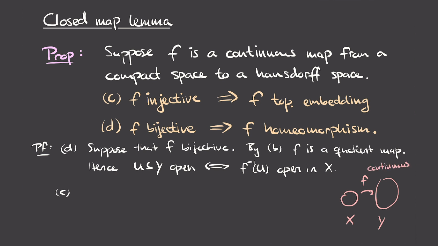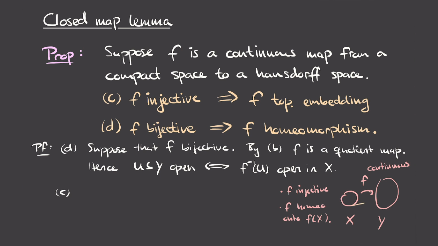And well, now for it to be a topological embedding, we need two things. First, f needs to be injective. And second, f needs to be a homeomorphism onto its image. So I'll write this f homeo onto f of x. So what does this mean?